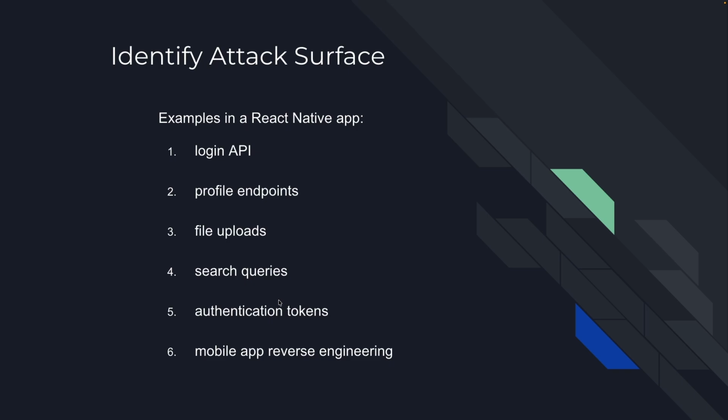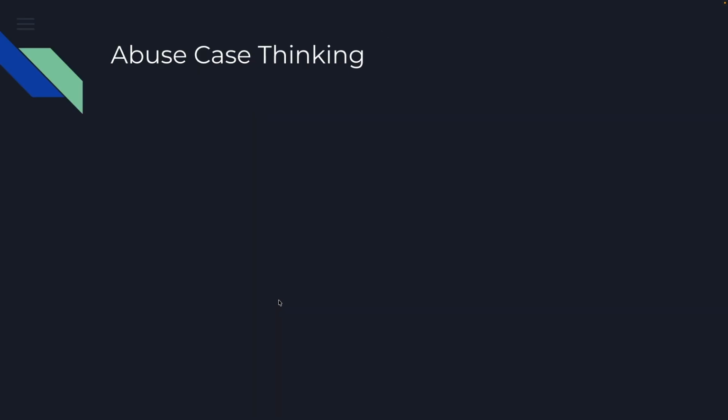So now let's take a look at abuse case thinking. Instead of asking how a feature should work, we should ask how could someone abuse this feature, right? For example, we have insecure direct object reference, then we have brute force attacks, and we have spoofing.